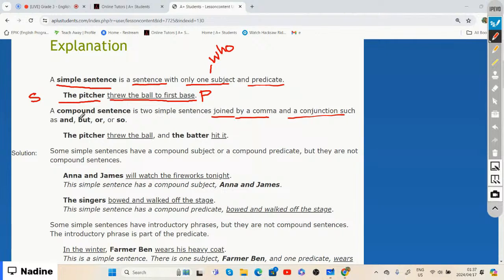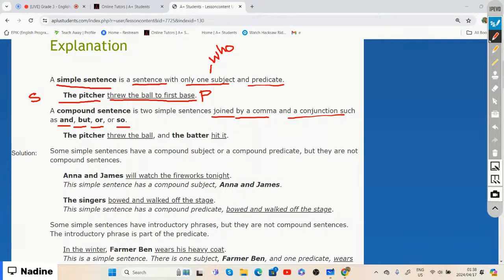And conjunctions are words like and, but, or, so. So if I want to join two sentences together, then I'm going to say comma and add my conjunction.